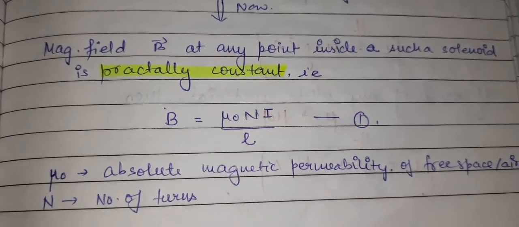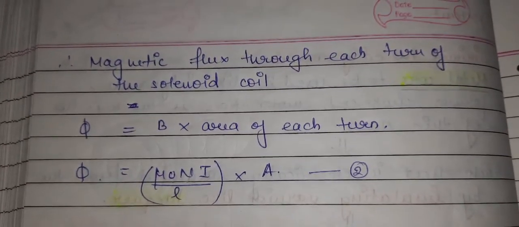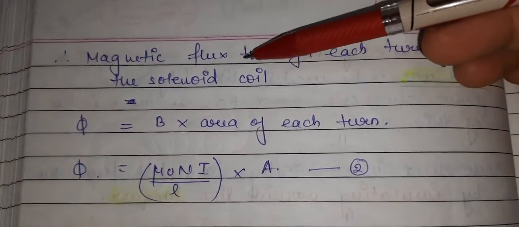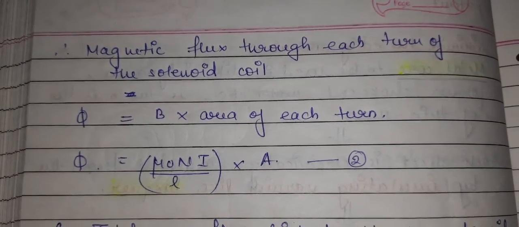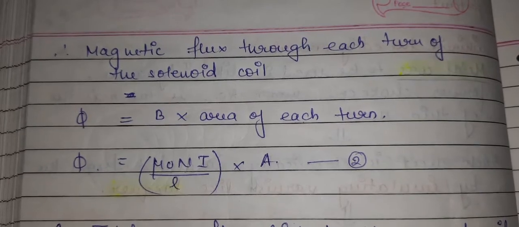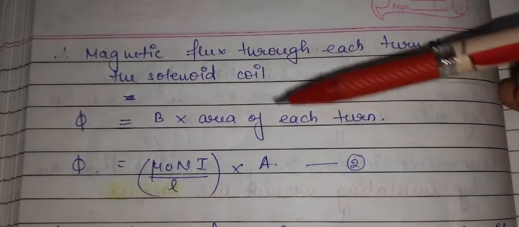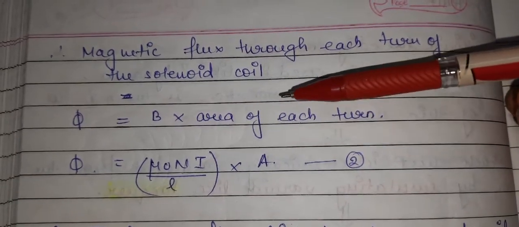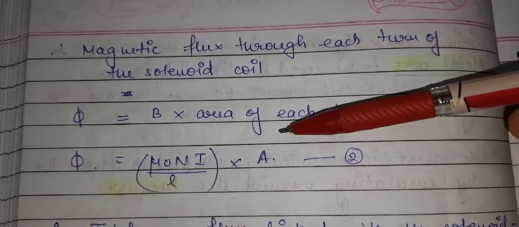Now we will talk about the flux. The magnetic flux through each turn of the coil is equal to the magnetic field crossing through that coil multiplied by the area of that coil. Here we are talking about the number of turns per unit length.